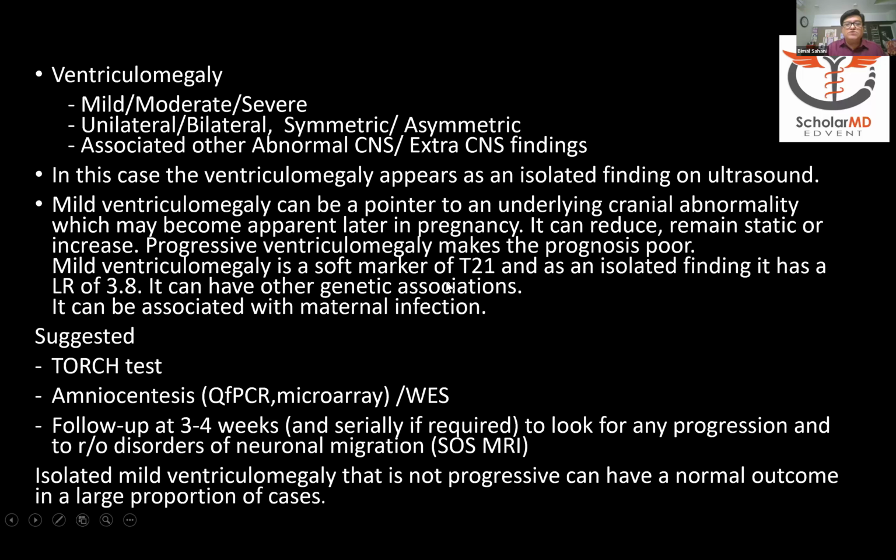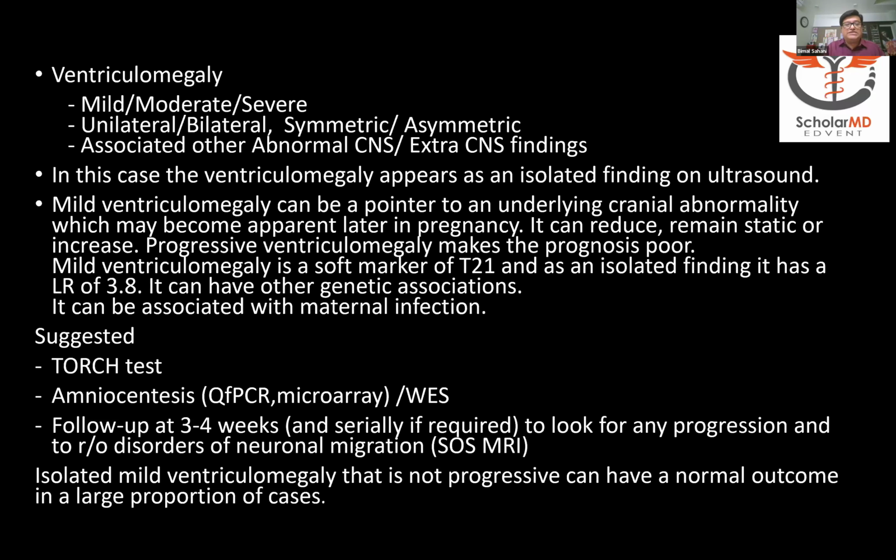Mild ventriculomegaly is a soft marker of trisomy 21, and as an isolated finding, it has an LR of 3.8. It can have other genetic associations. It can be associated with maternal infections. Then I'll put in my suggestions: a TORCH test, amniocentesis, QF-PCR, microarray, or whole exome sequencing, whatever I'm thinking of at that moment. And I will say follow up at 3 to 4 weeks and serially if required to look for any progression and to rule out disorders of neuronal migration, so MRI.